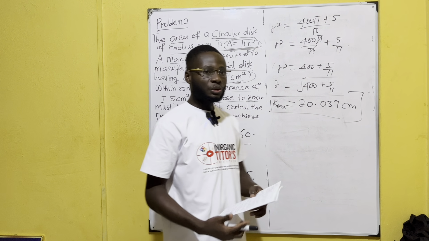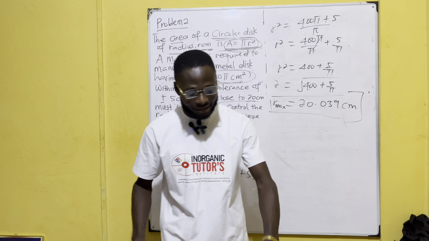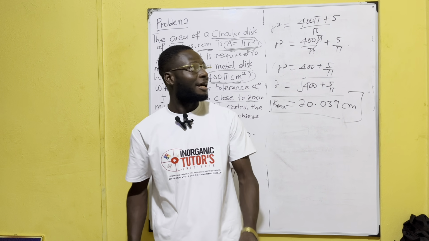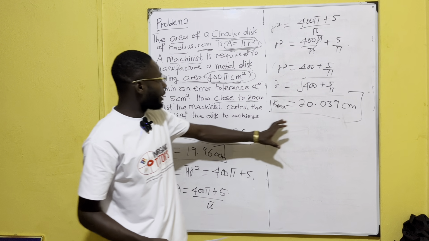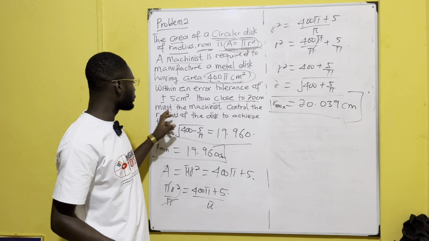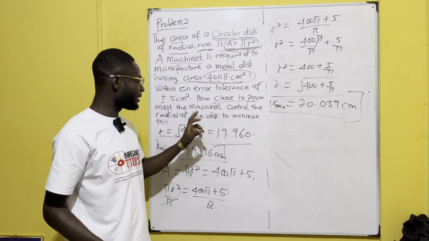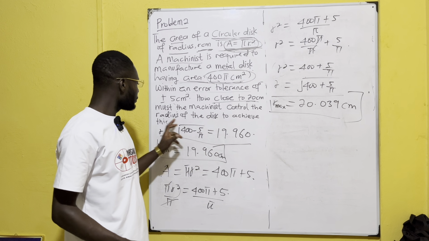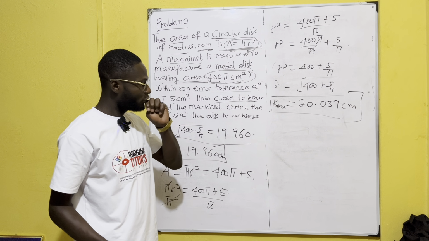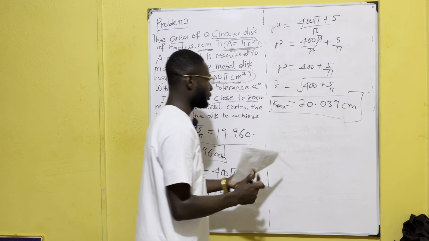Okay, so now what does this tell us? This is basically telling us that the radius, the question says, how close to 20 centimeters must the mechanics control the radius of the disc to achieve this. So let's write the conclusion.